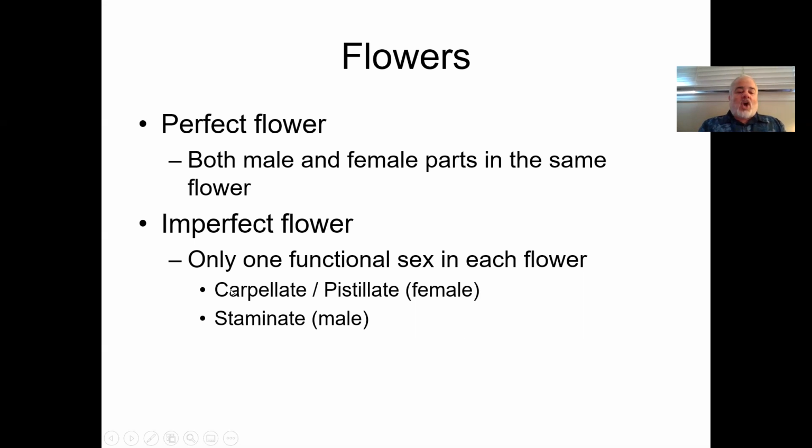So we call the female portion, or the female type flowers with functional female parts, carpellate or pistillate flowers. Now, carpellate is the modern word. I would prefer you use the term carpellate because it means it has carpels, which is the segments of female flower parts. Pistillate is an old-fashioned word, but it is so interlaced with the vocabulary of flowers and biology that I think it's right up there with legumes.